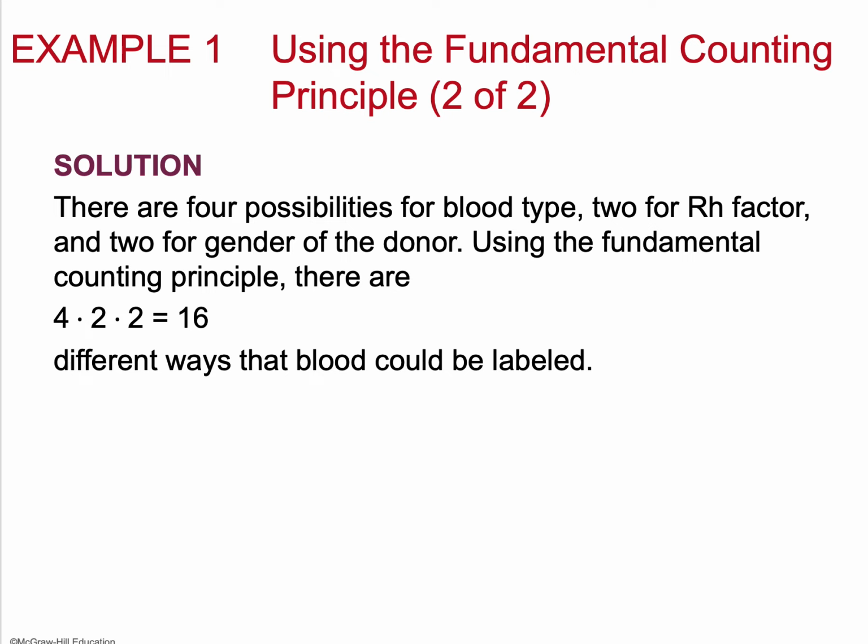So if I want to actually use the fundamental counting principle, I would do 4 times 2 times 2, so the number of options for my blood type, times the number of options for the RH factor, times the number of options for gender, and so I get 16 different ways. So that saved me the time of actually writing AB plus, AB minus, O plus, O minus, and so on, and then actually having to physically count.